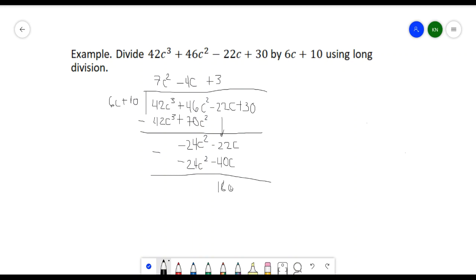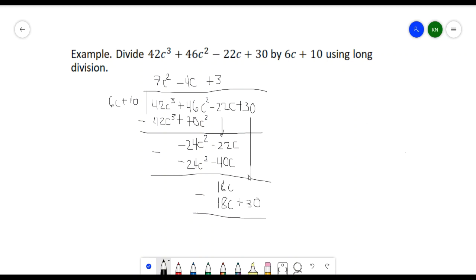Then C, they already have the same value of the exponent, so there's no need to write the value of C here. Now 3 multiplied again by 6C, that is equivalent to positive 18C. 3 multiplied by 10, that is positive 30. So we have to subtract this one.